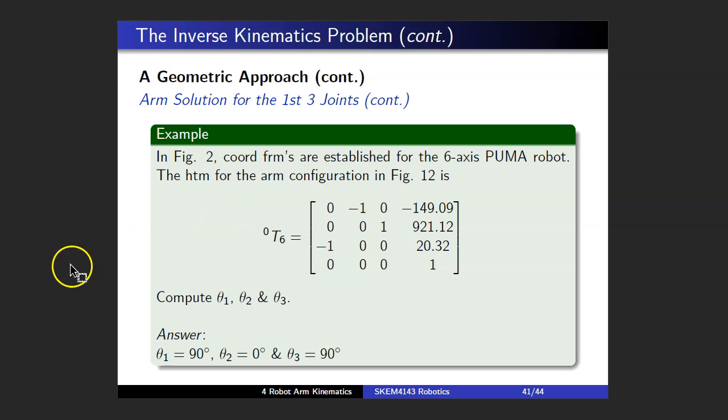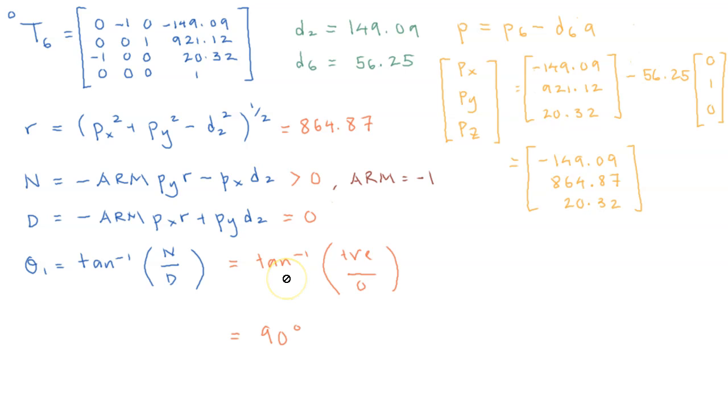Let's see how we can solve this. So we are given T60. This is the homogeneous transformation matrix representing the end effector of the PUMA 560 robot as shown in figure 12 with respect to the base coordinate frame.